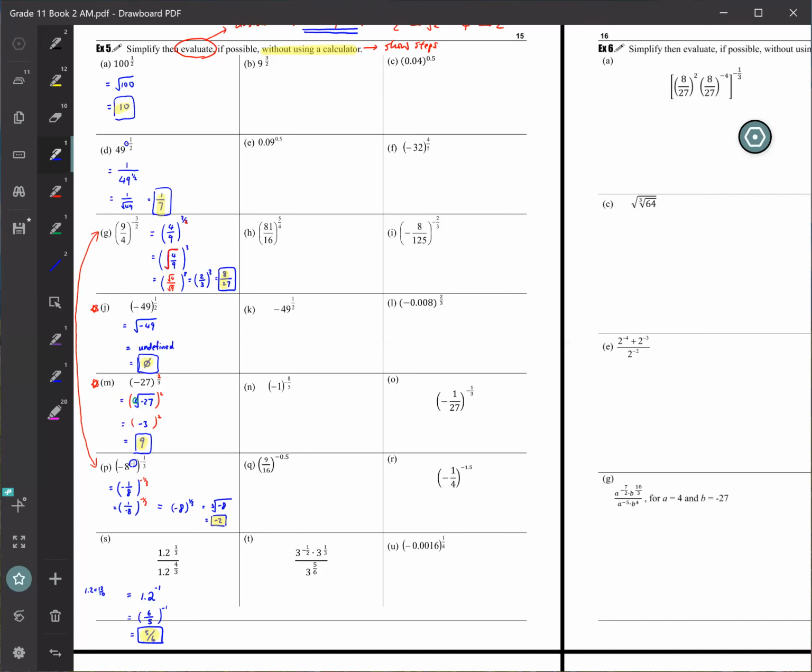Okay, I think there's only one question that's undefined in these two columns. So if you have more than one undefined, you have to check.